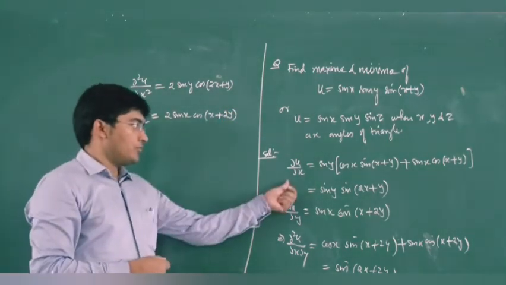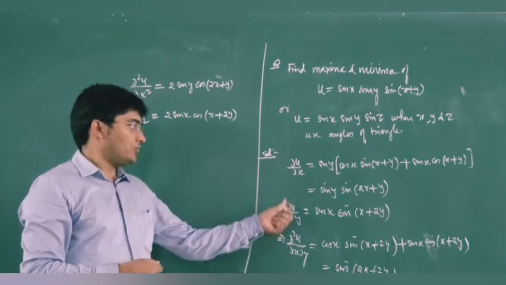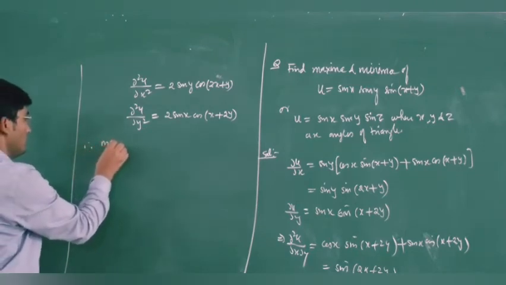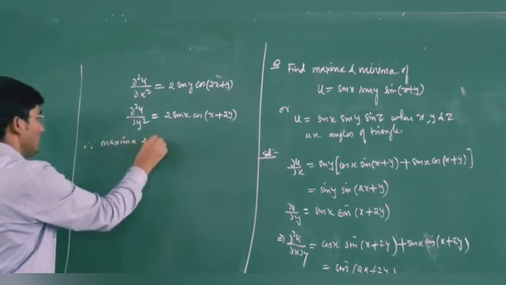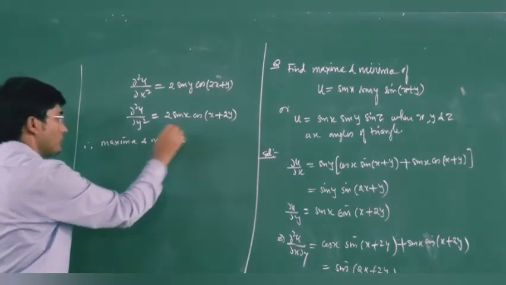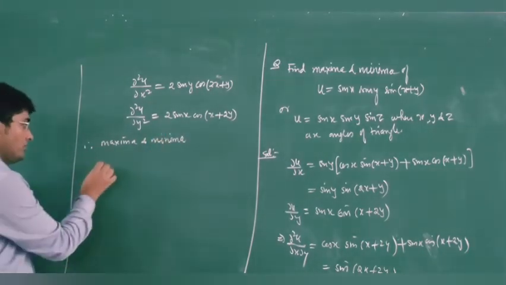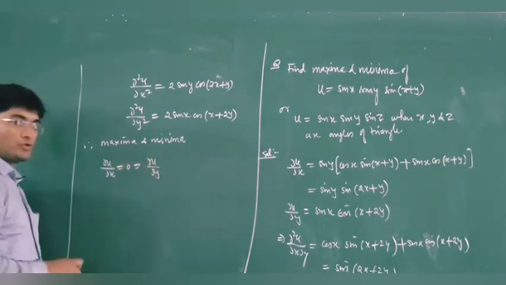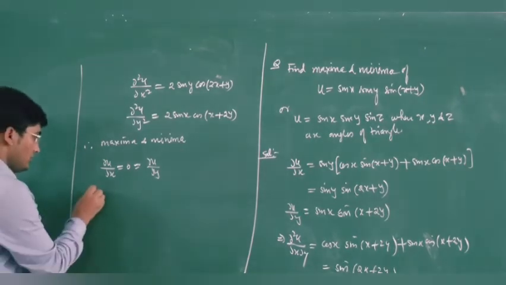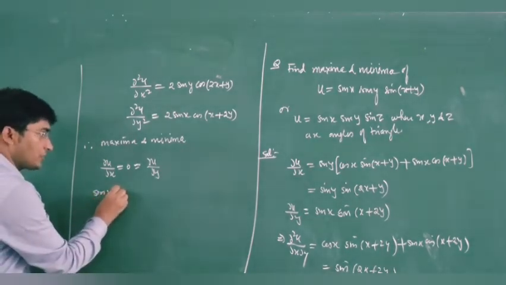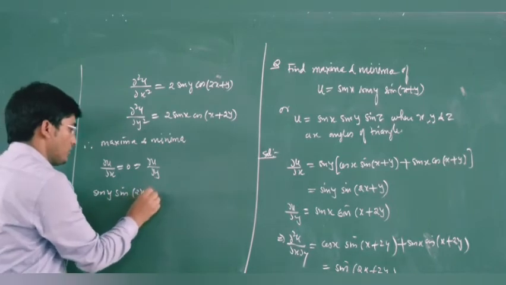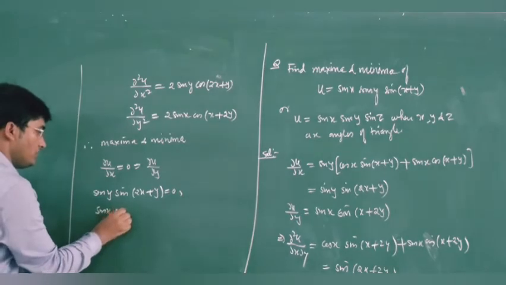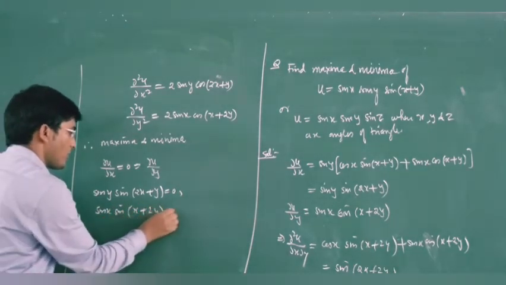Now for maximum and minimum, our first order derivative will be 0. Therefore, for maximum and minimum, your del u upon del x equal to 0 and del u upon del y equal to 0. So we have the first equation will be sin y into sin 2x plus y equal to 0, and then we will have sin x into sin x plus 2y equal to 0.